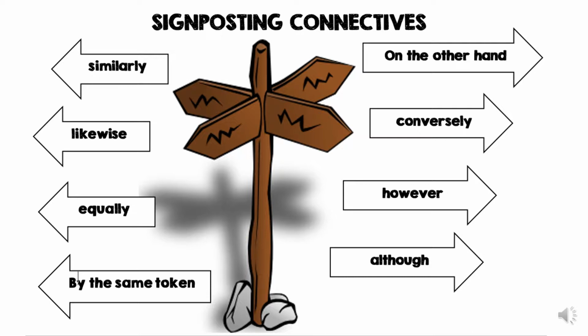And then on the right-hand side, we've got contrasting connectives, like on the other hand, conversely, however, and although, which can be used to emphasize points of contrast. So these are useful to make a note of when tackling this kind of question.